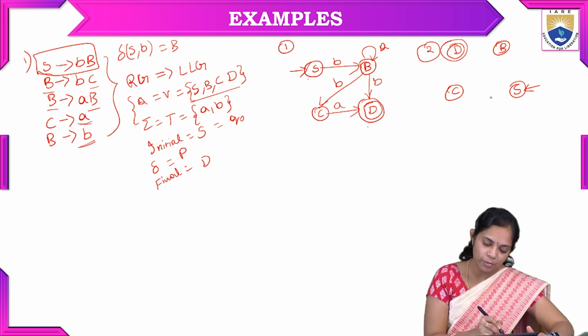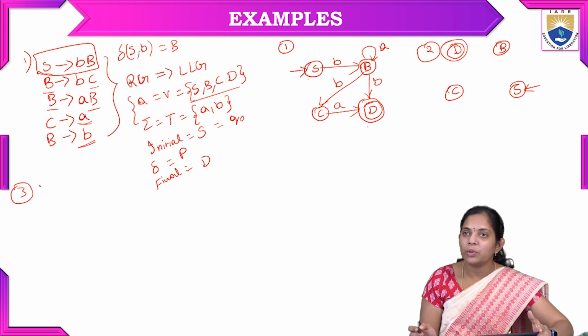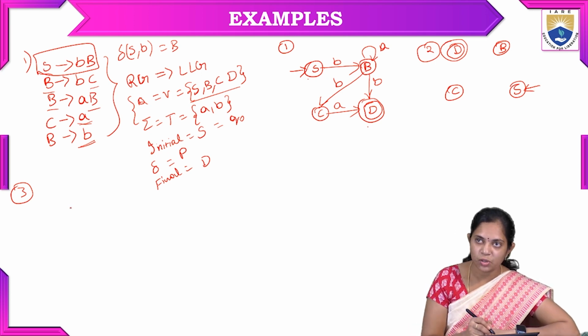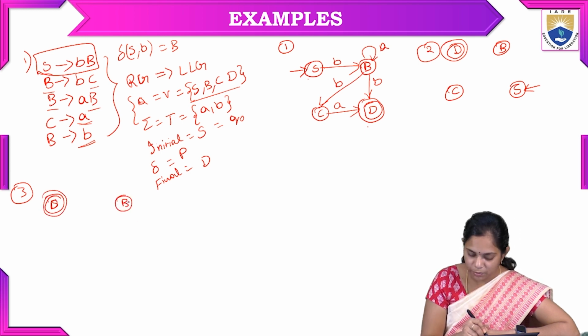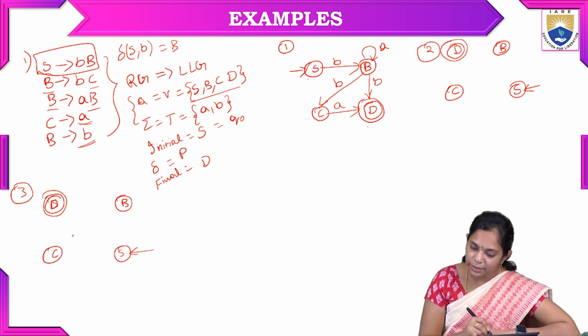And third step, what we have to do, we have to reverse the edges. So reverse the edges of the first transition diagram. After writing this, here we have the final state and B as the next state, then C and next S. And here we are going to reverse the edges.